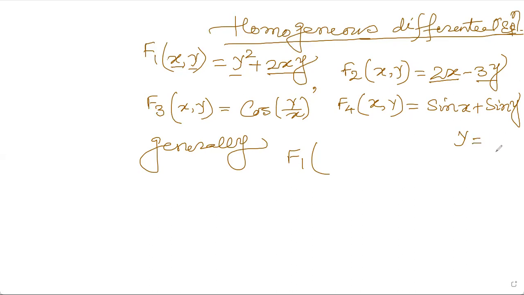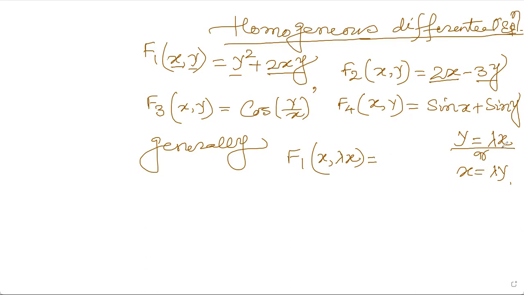That means you can say y equal to lambda x or x equal to lambda y. You can use lambda or any constant. So if I am using this, I have written it in a single variable. In place of y, I'm writing lambda x.